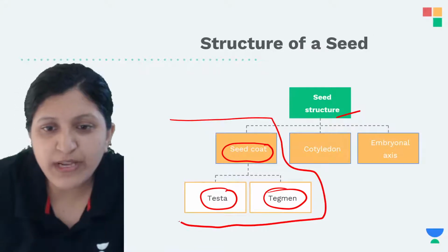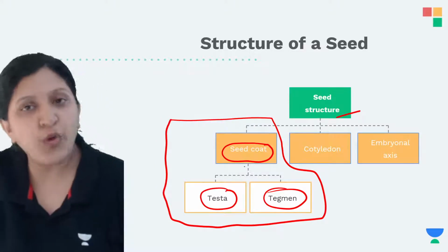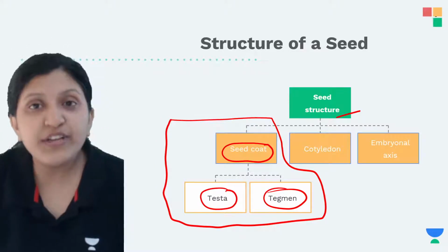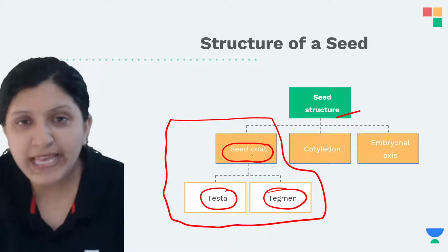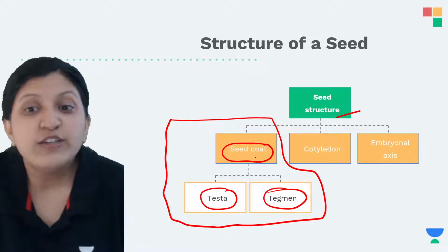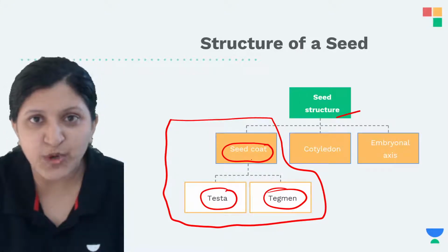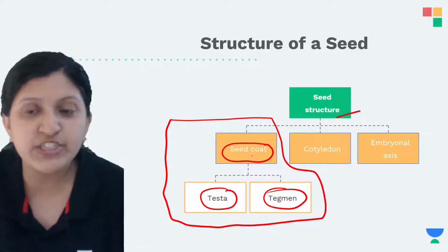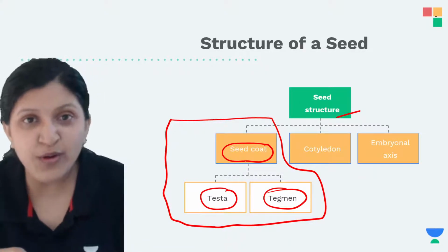You might have studied fertilization already. If not, I'll explain what exactly happens. After the fertilization process, that is, the fusion of male and female gamete, a lot of changes occur in the plant body. Mainly in the flowers, the petals and sepals fall off.